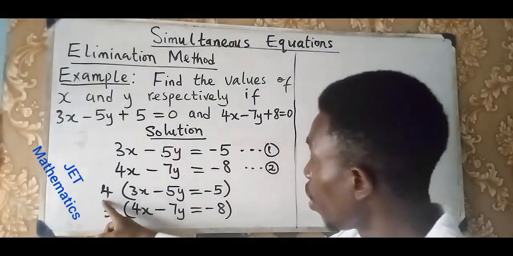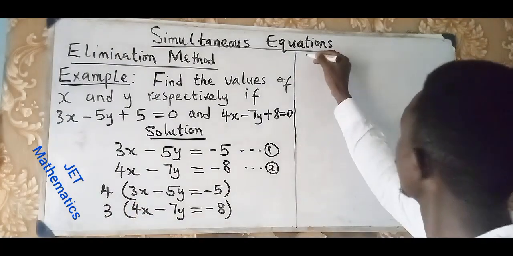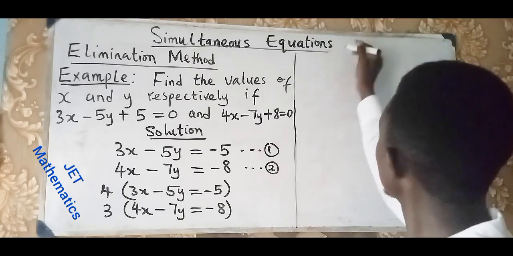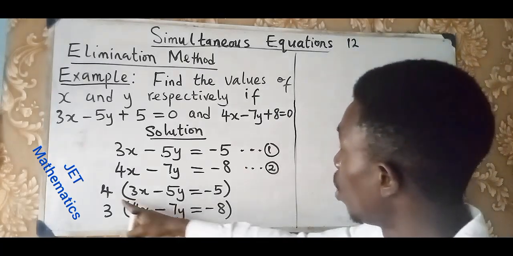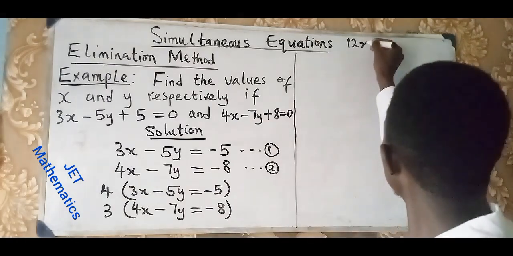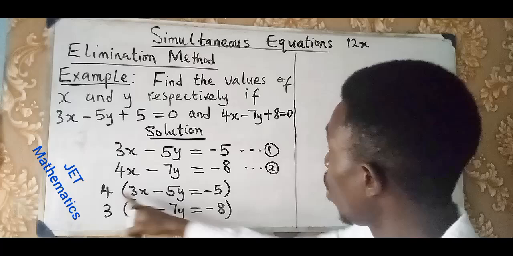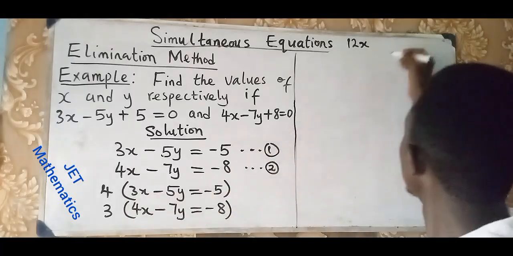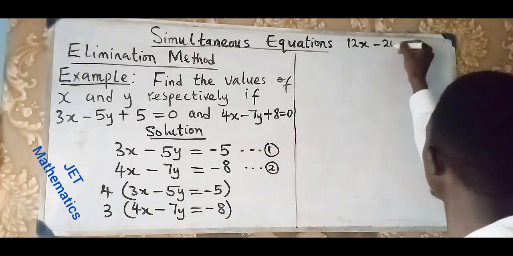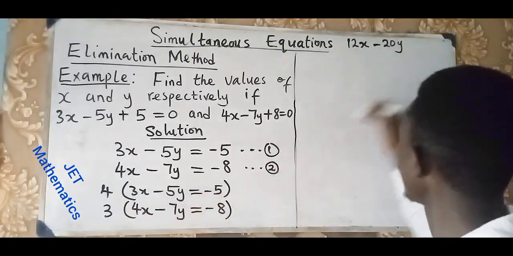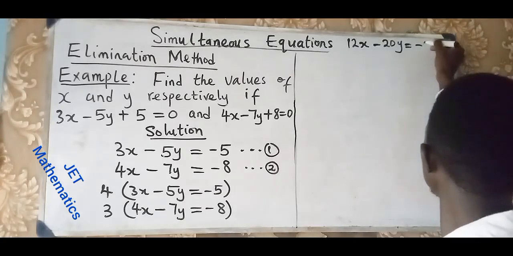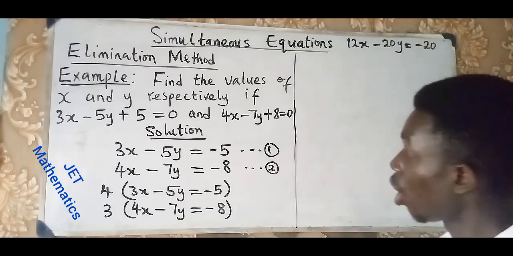We have 4 times 3, that gives us 12x, then 4 times minus 5 gives us minus 20y, and 4 times minus 5 gives us again minus 20.